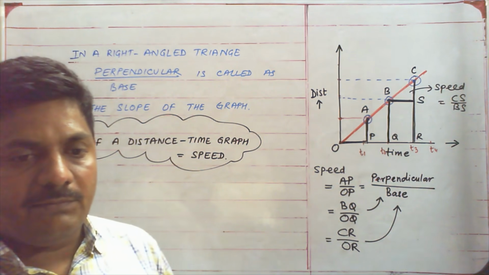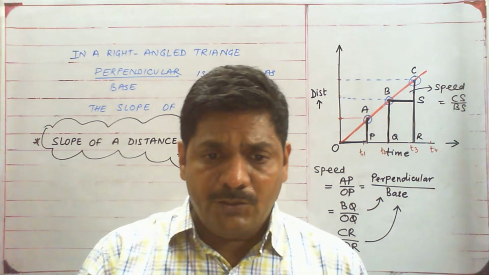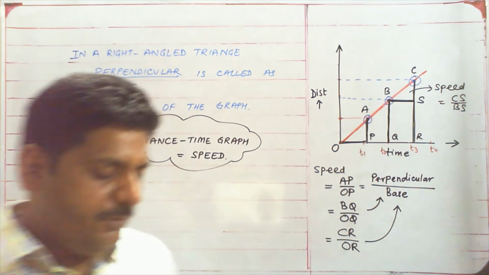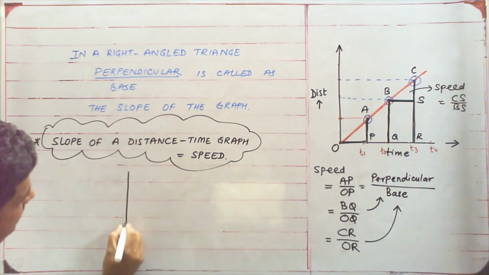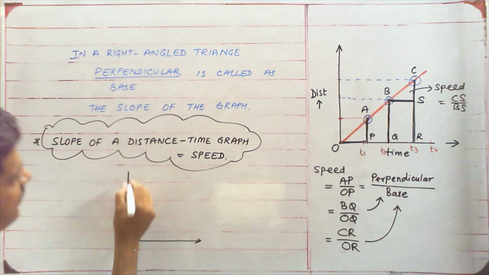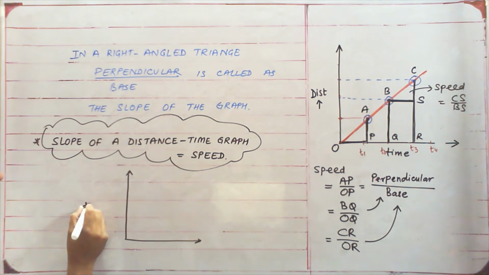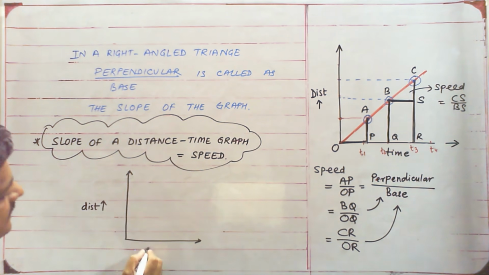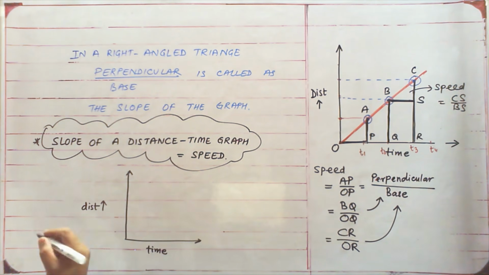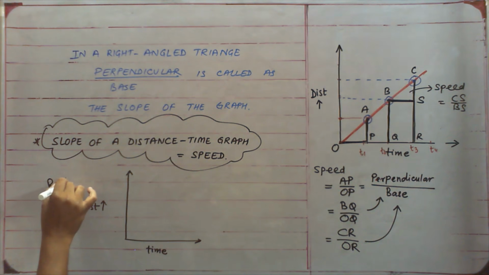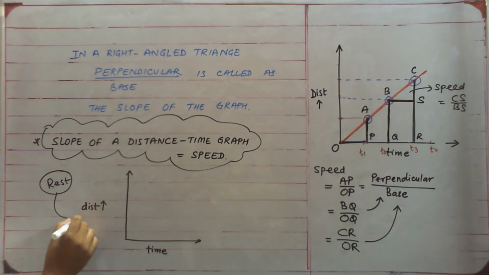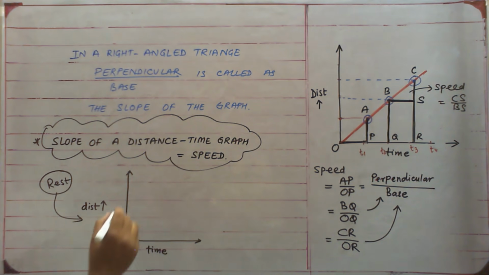There are two more graphs, the body at rest. Now if you talk about the body at rest also, let us discuss it. It's a very simple one. This is distance and this is time. For a body at rest, we are talking about this case. Body at rest, how is the graph?